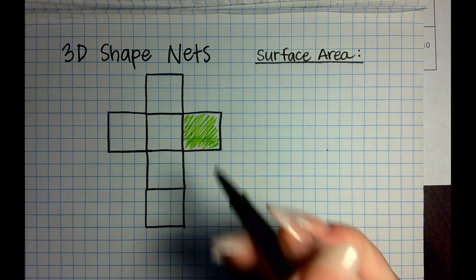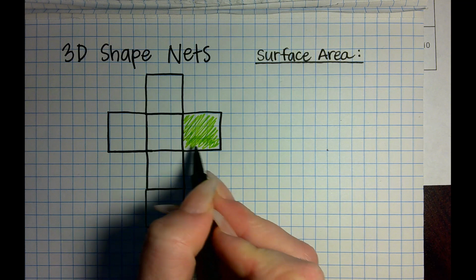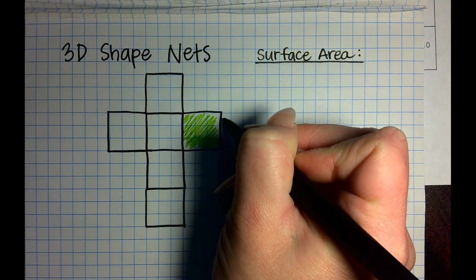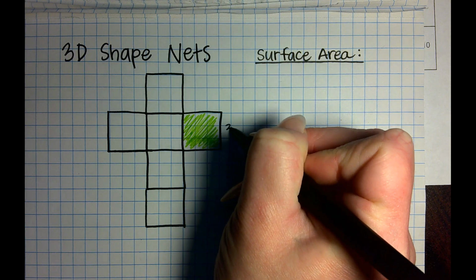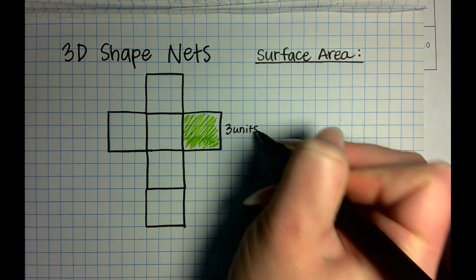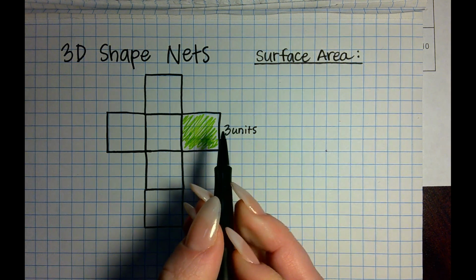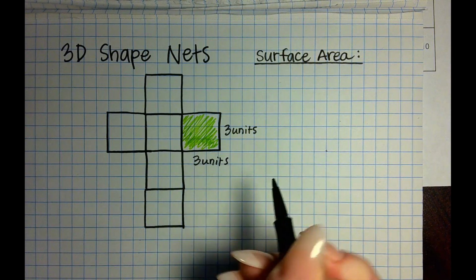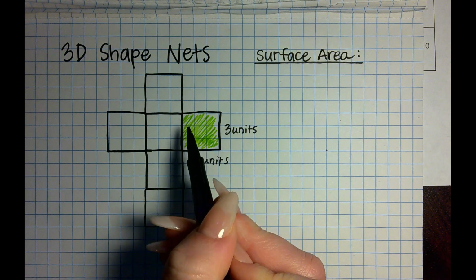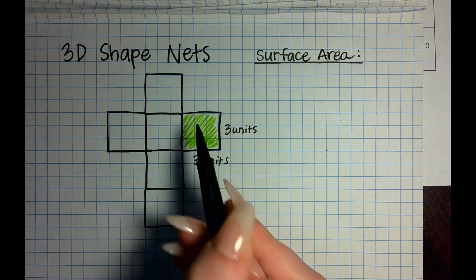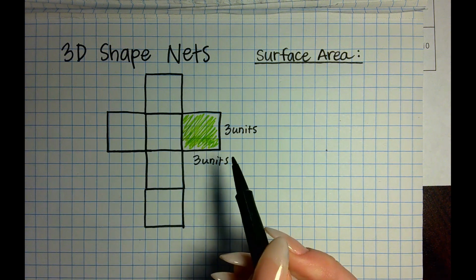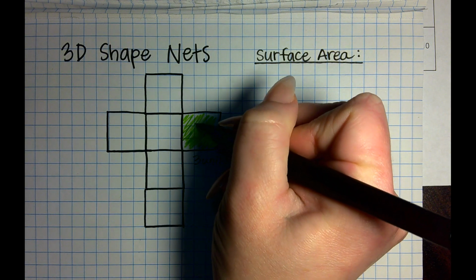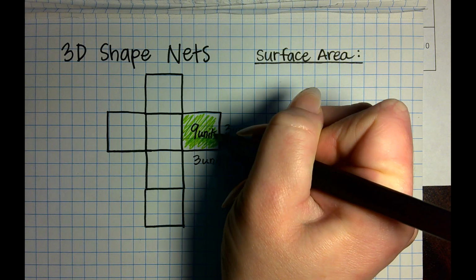For example, in my cube that I'm drawing, the length of each side is 3 units. So if I have 3 units by 3 units, what would be the area of this one square? 9. Good, because we're just doing 3 times 3. So this would be 9 units squared.